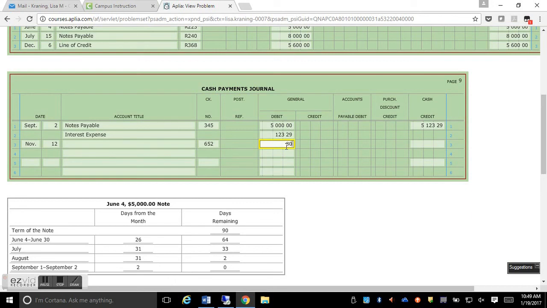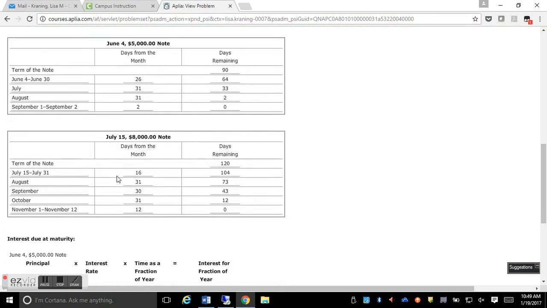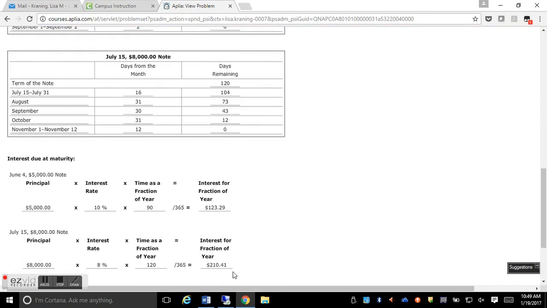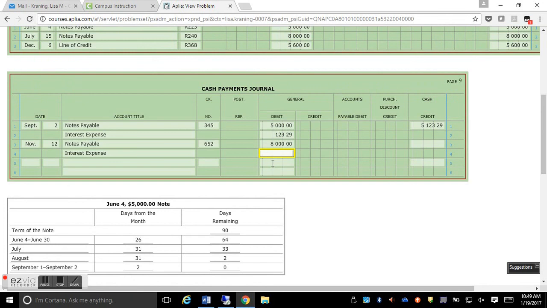We took the note out for 8,000. It should be notes payable in there. We have to pay our interest, which once again is an expense to us. So we come down here, our interest was $210.41. You will add those two together and put it over here.